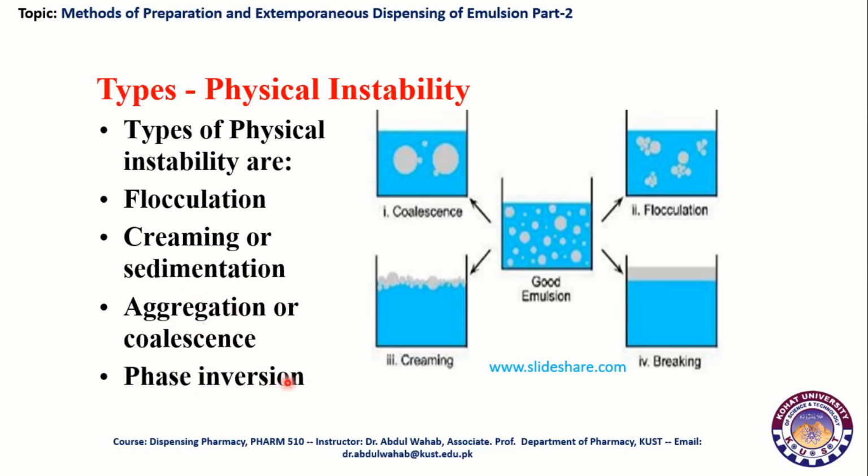Phase inversion is also instability of emulsion. As you can see in this figure, these are the different types of physical instability of emulsion, like coalescence. Similarly, flocculation, creaming and breaking are physical instabilities of emulsion.